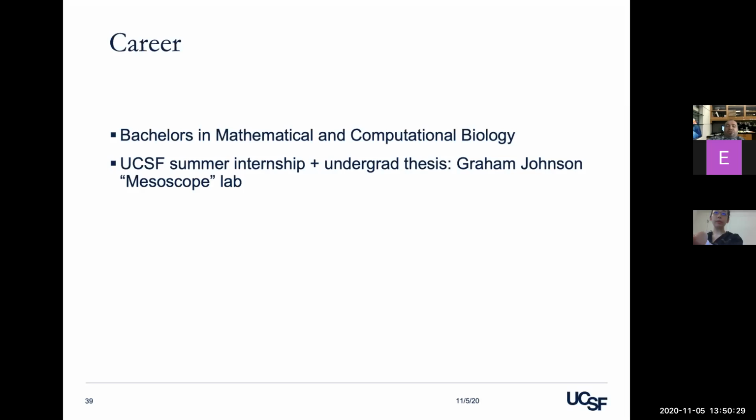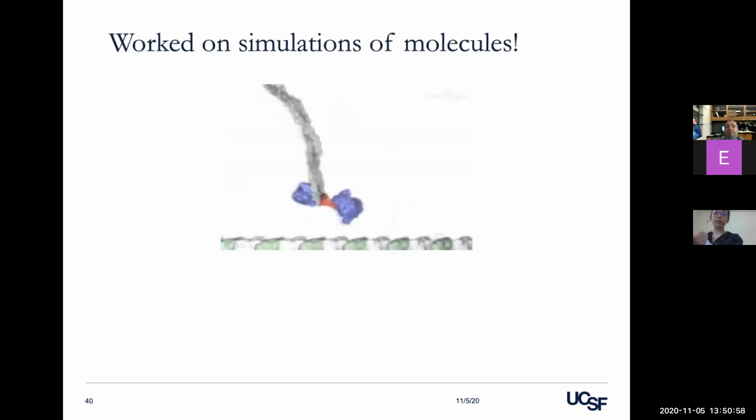And while I was doing the bachelor's, I did a summer internship at UCSF for 2 summers, and then I wrote my undergraduate thesis with Graham Johnson. The lab was called Mesoscope, and the lab was about basically modeling biological systems. Right now, Graham is not at UCSF anymore. I think he is at Brain Institute in Seattle.